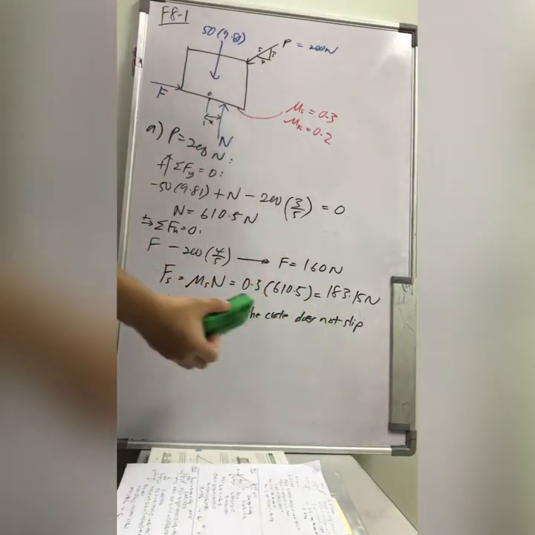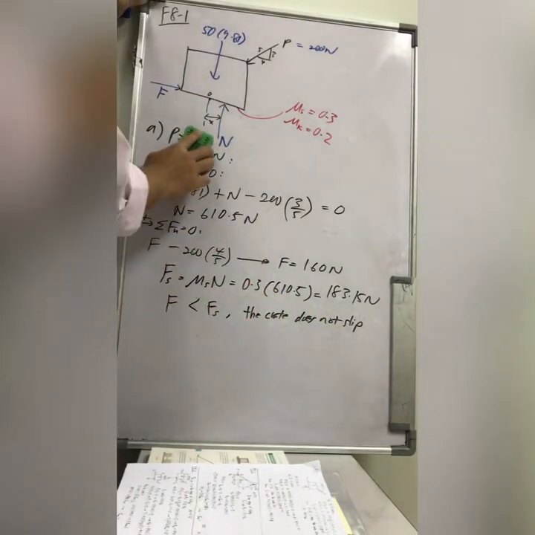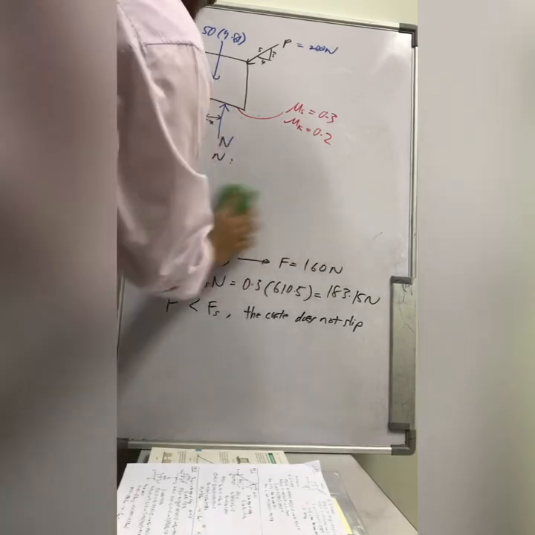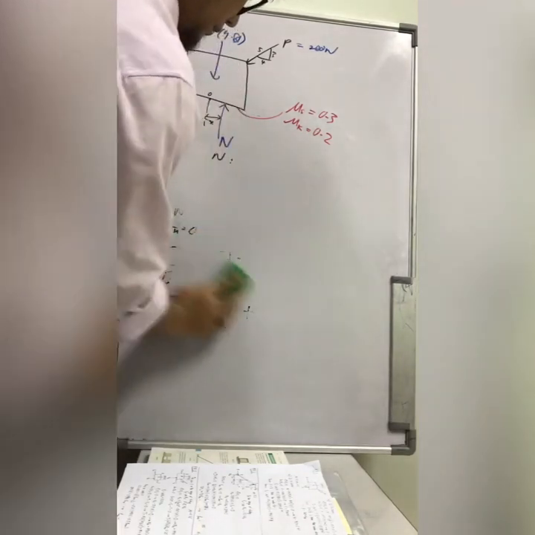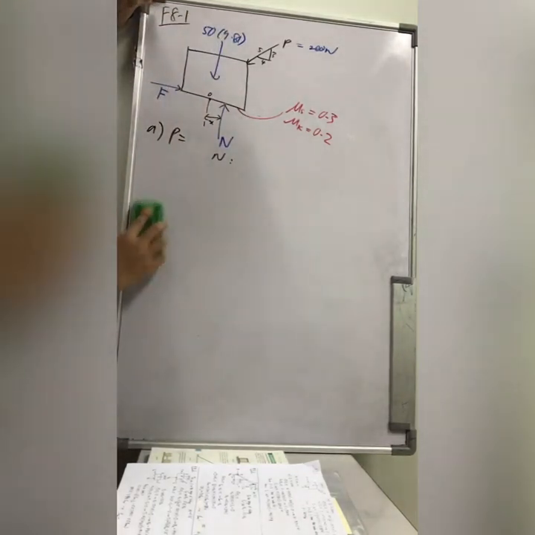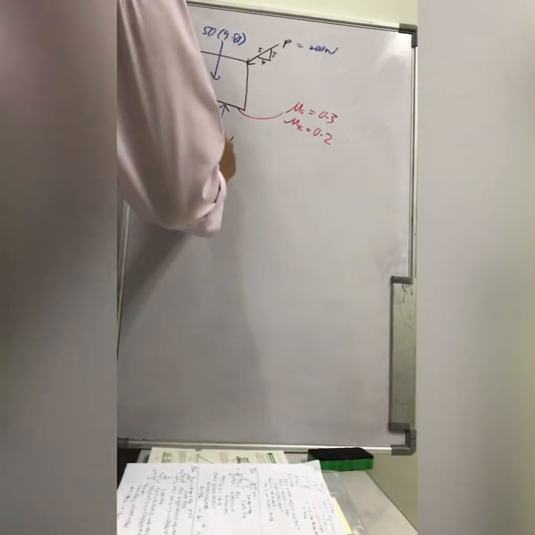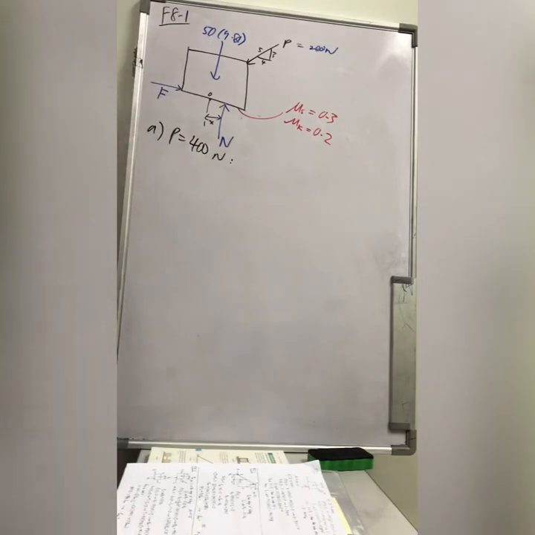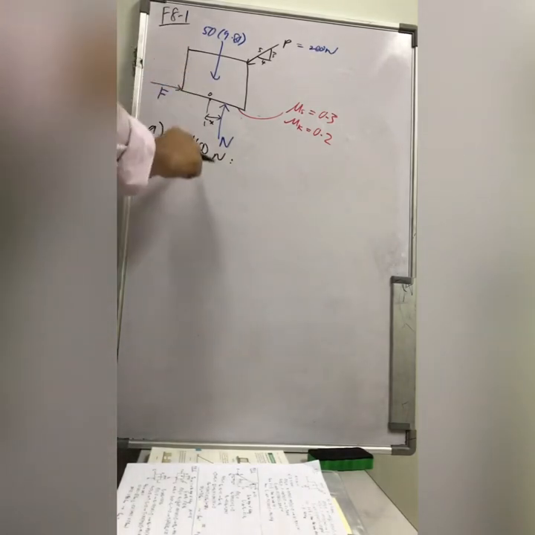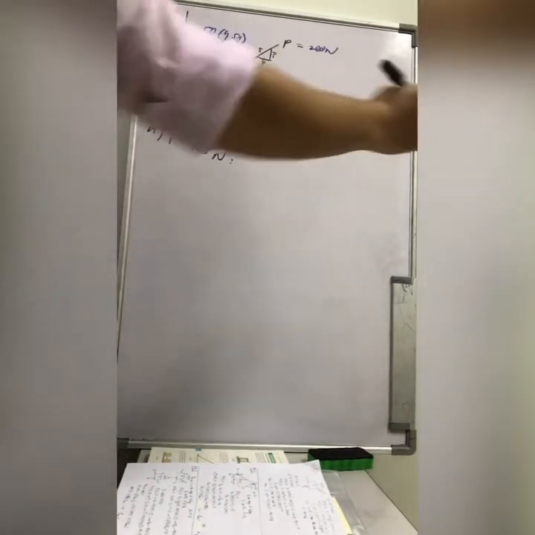Next we go to the second one, where P is 400, not 200. It is the same procedure, by the way.